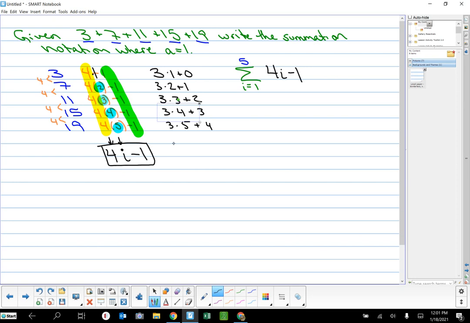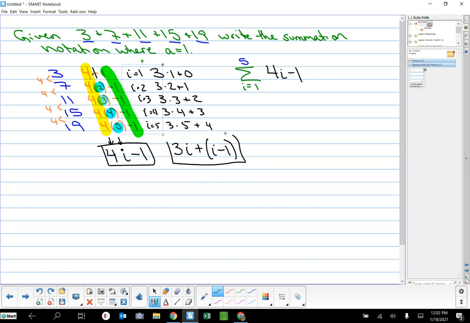So this would be a 3, and this would be my I, because 1, 2, 3, 4, 5. Plus, now these are also changing, so these would have to be in terms of I as well. But this is I minus 1. Here I is 0, but I would have to equal 1 here, and I need this number to be 0, so I have to take away 1.